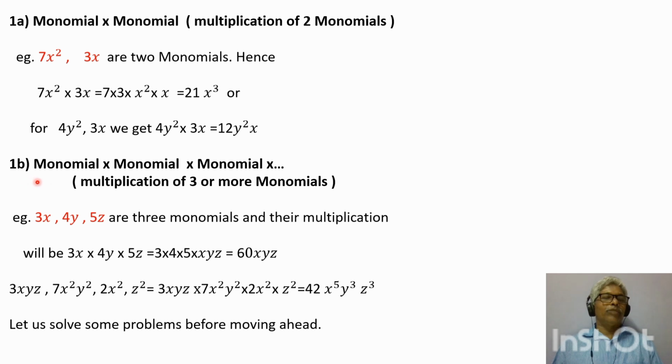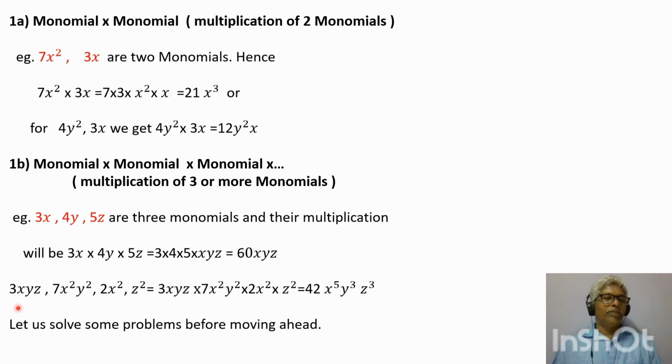1b is monomial into monomial into monomial, that is multiplication of 3 or more monomials. 3x, 4y, 5z are the three monomials, and the multiplication will be 3x into 4y into 5z. We multiply the numbers: 3 into 4 is 12, into 5 is 60, xyz. That will be the answer.